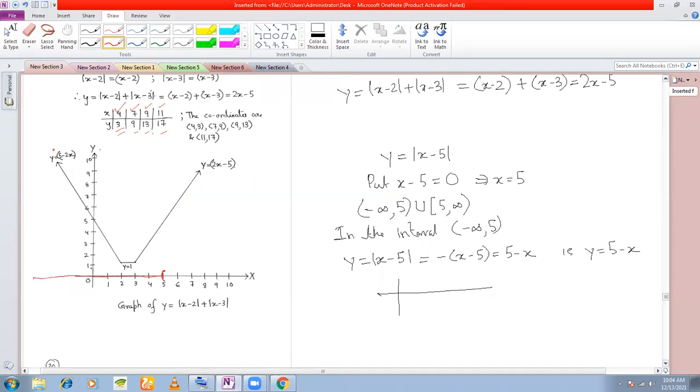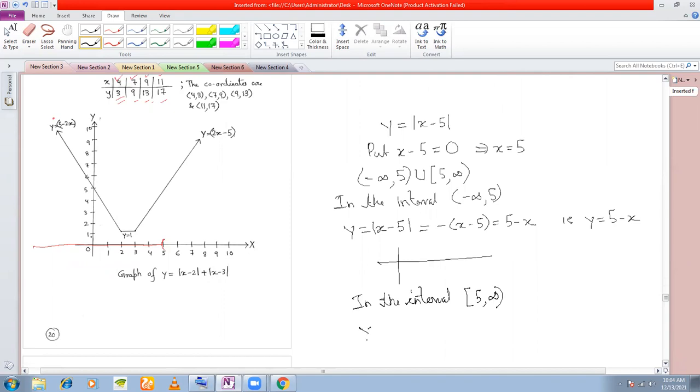And the second one, in the interval 5 to infinity, what should be the value of the function?